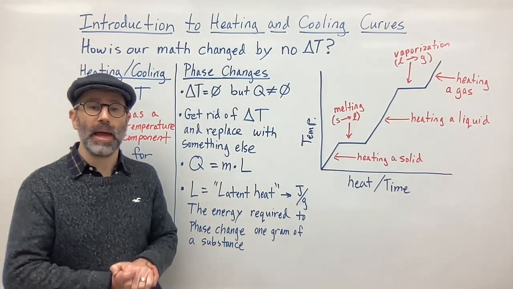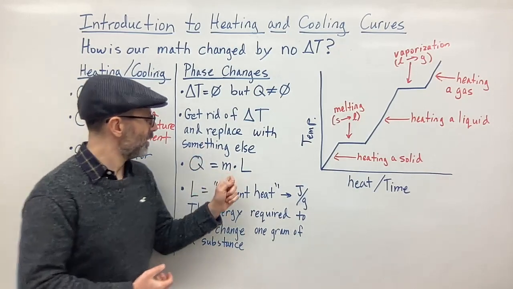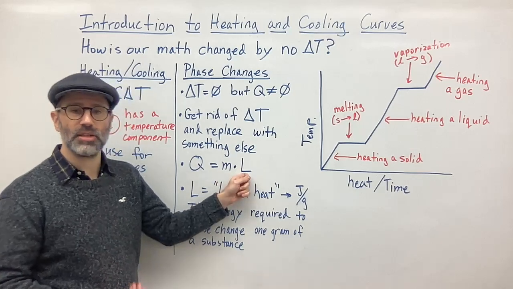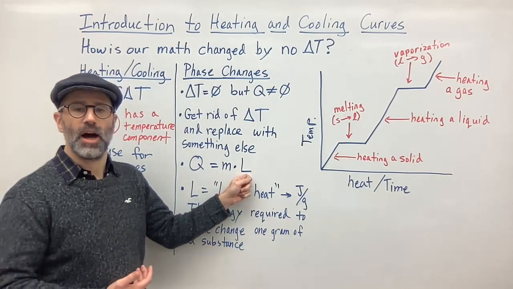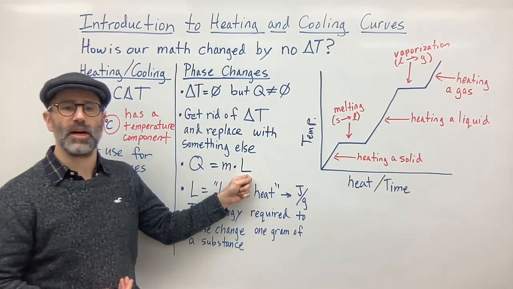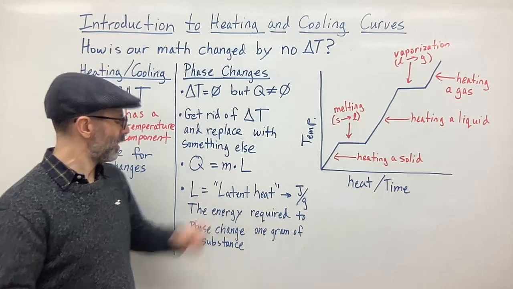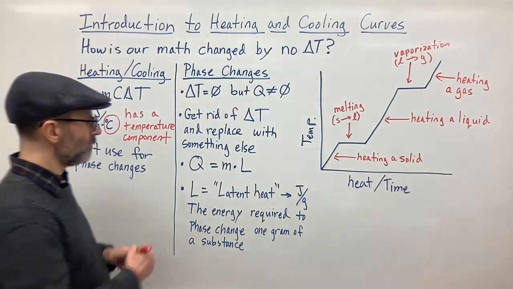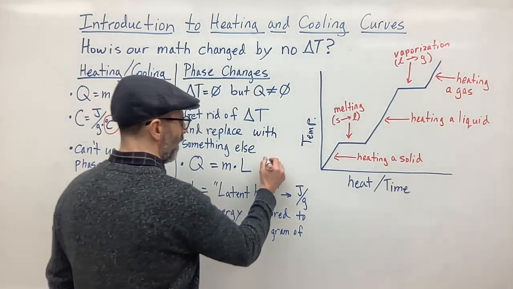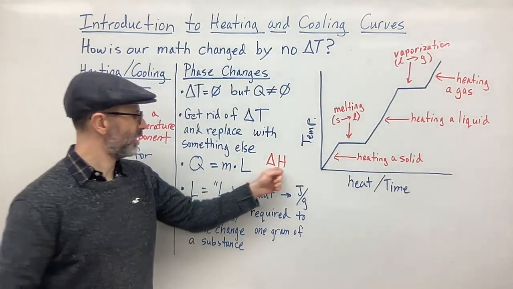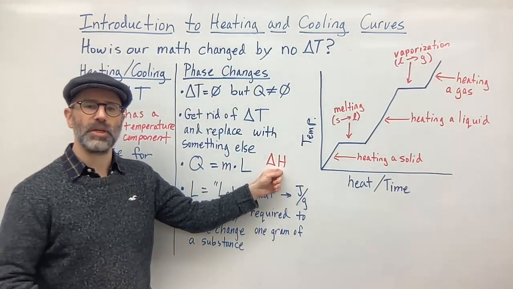Now, you may have seen similar equations. Sometimes you'll see heat of vaporization, sometimes heat of condensation, heat of freezing, heat of crystallization, things like that. And you'll also see a delta H, the change in enthalpy, such as the change in enthalpy of vaporization.